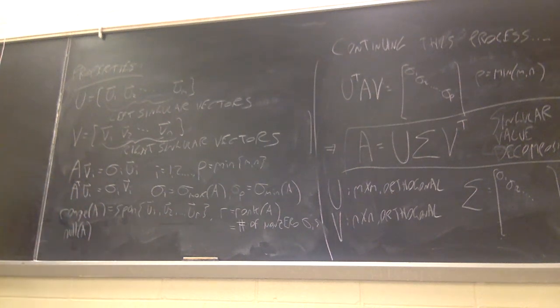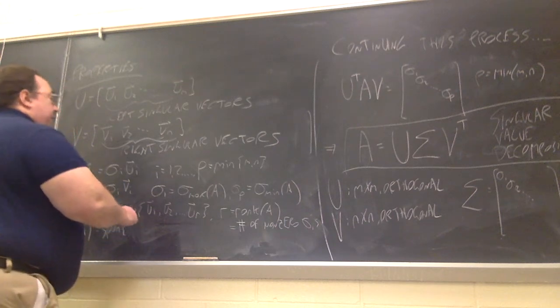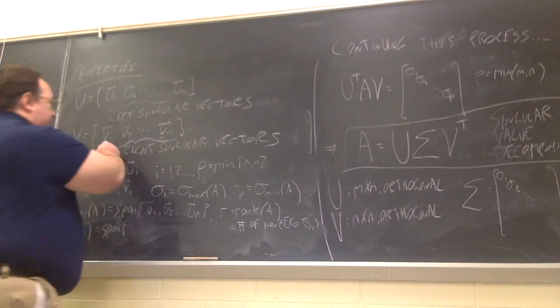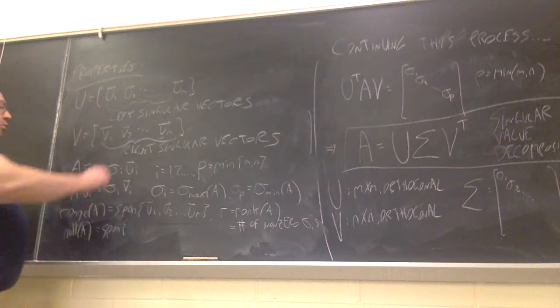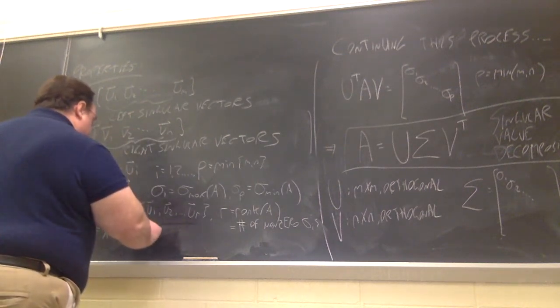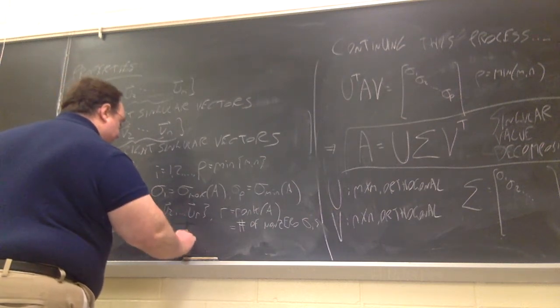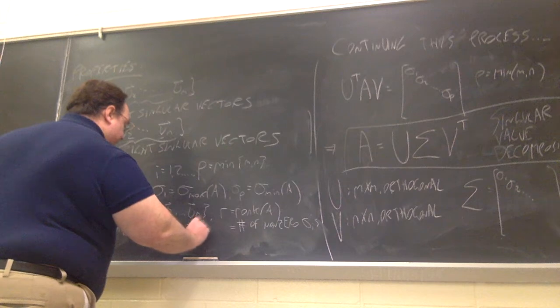Now, the null space of A consists of vectors that you can multiply by A and get 0. So that would be the span of, instead of taking the first r of these, the rest of them. So you start at V r plus 1, r plus 2, all the way up to Vn.